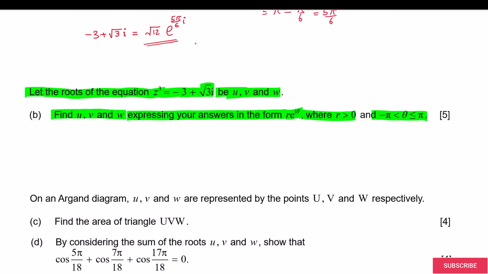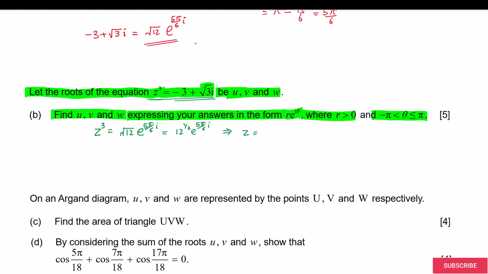Before starting this question, we need to understand that we are actually going to find the cube root of negative 3 plus root 3 iota. First of all, I will write this from the A part. Z cube can be written as root 12 e to the power 5 pi over 6 iota. We can rewrite this as 12 to the power 1 by 2 e to the power 5 pi over 6 iota.